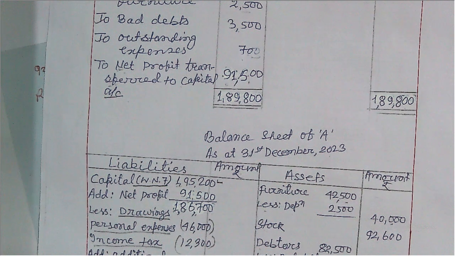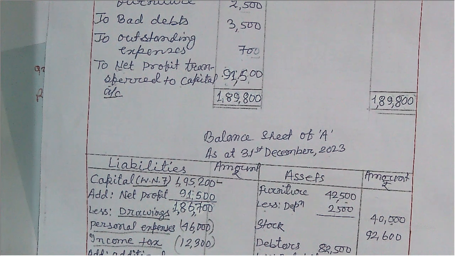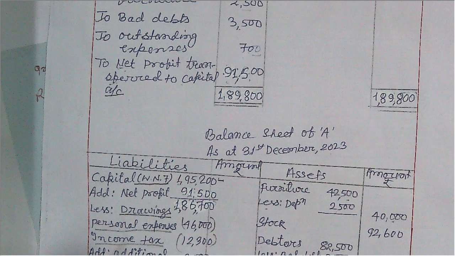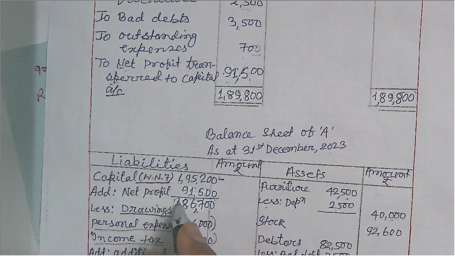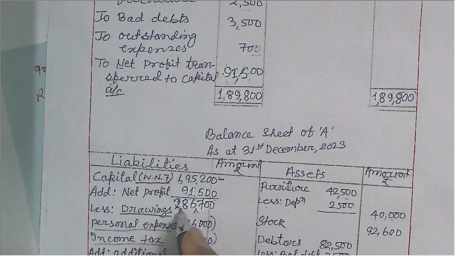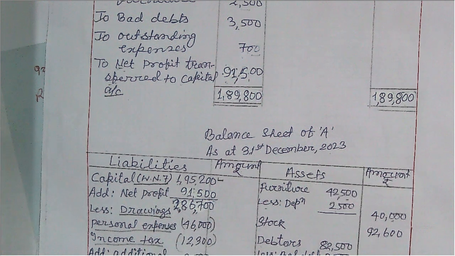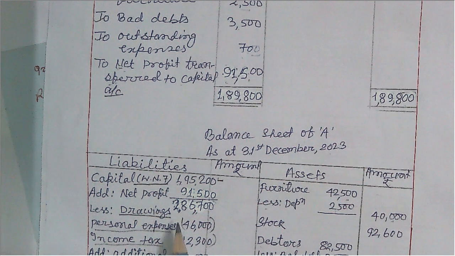Two lakh 86,700. This amount is to be corrected. 2,86,700, and drawings amount is to be deducted.